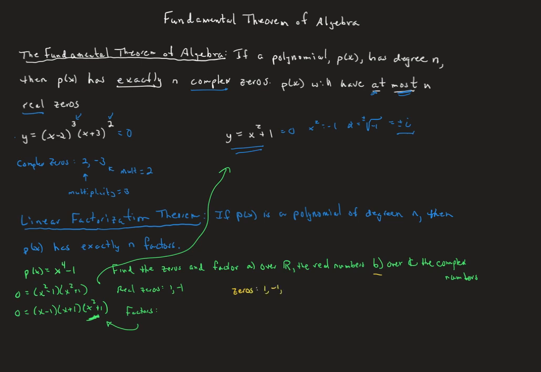So we'll get 1, negative 1, i, and negative i. Those are the zeros, and the factors over the complex numbers are that p of x will be x minus 1, x plus 1, then x minus i, and x plus i. So just trying to clarify the difference between complex and imaginaries. Hope that makes sense.